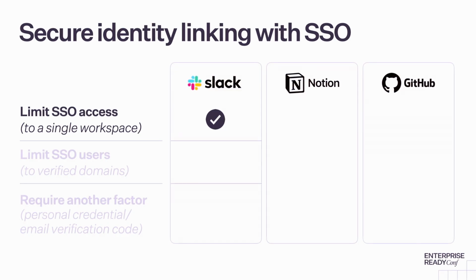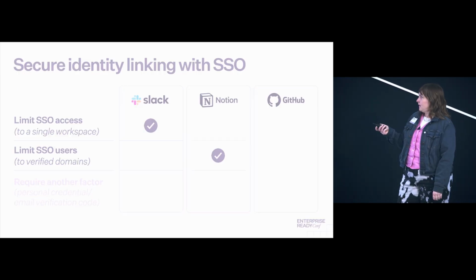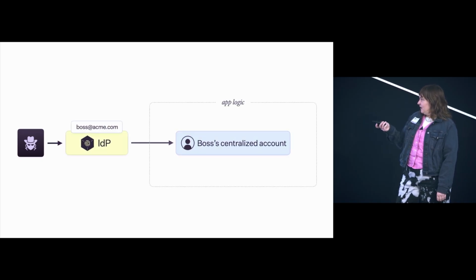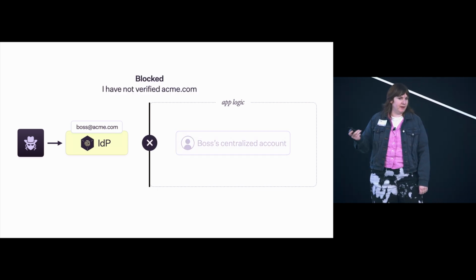And then, even though signing in via SSO gives you access to that centralized user object and all workspaces that that user is a member of, only users with a verified email domain, verified by that IT admin, can sign in via that SSO connection. Everybody else is blocked. So I try to sign in as your boss. And I'm blocked because I've not verified your boss's email domain.